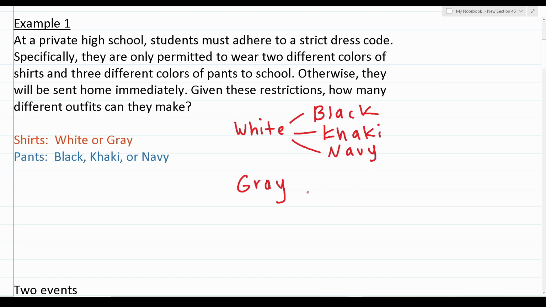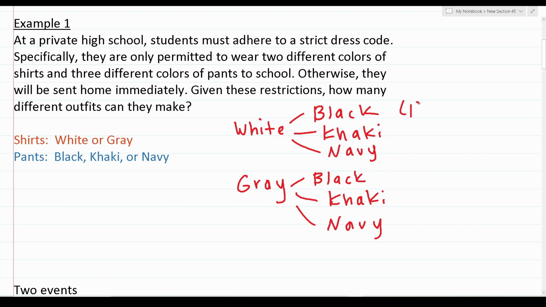And likewise, they would say, well, if you wear a gray shirt, you can again wear black pants, khaki pants, or navy pants. So in total, you can make 6 different outfits.